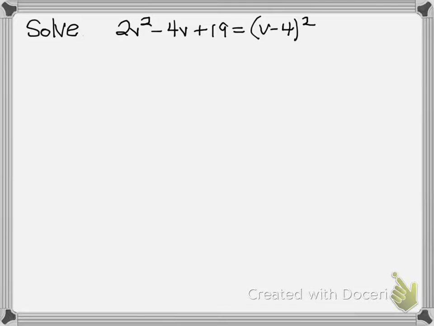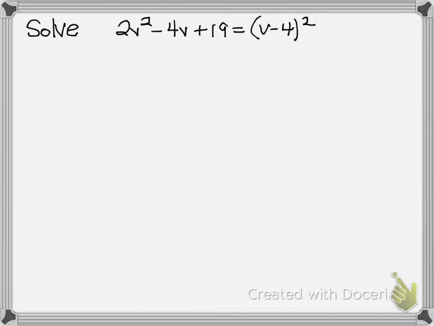Okay, so you are now going to be solving again. That's the only direction that you get. Solve. And your equation is 2v squared minus 4v plus 19 is equal to v minus 4 squared.